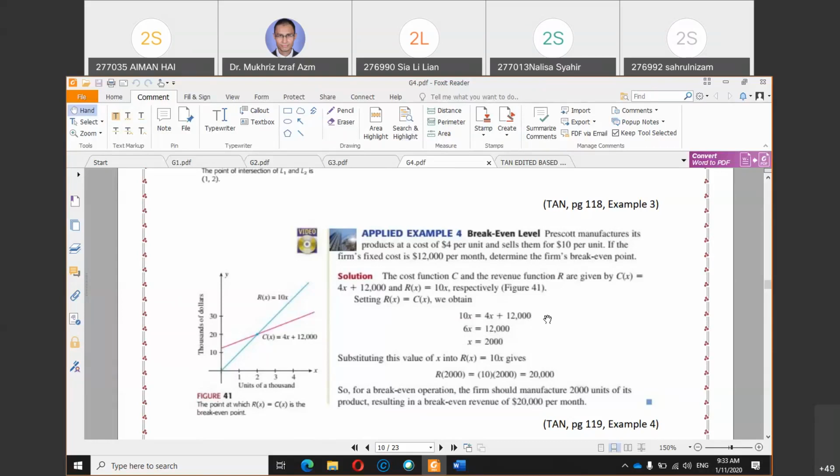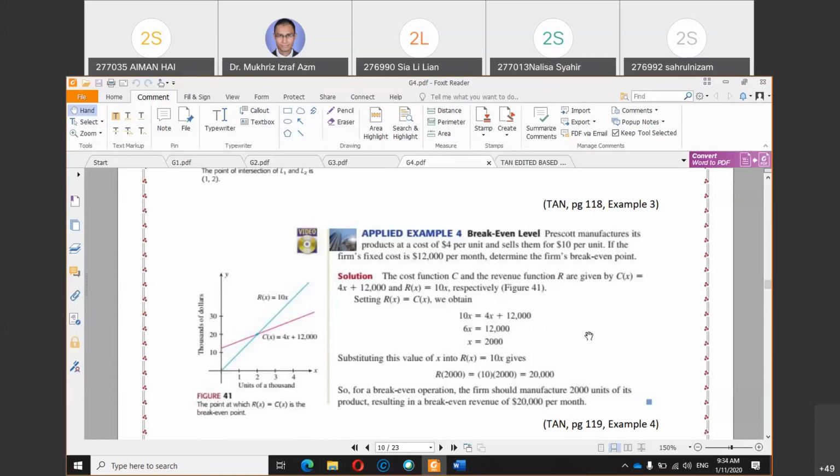So you get 2,000 as the break-even quantity, using Rx equal to Cx.